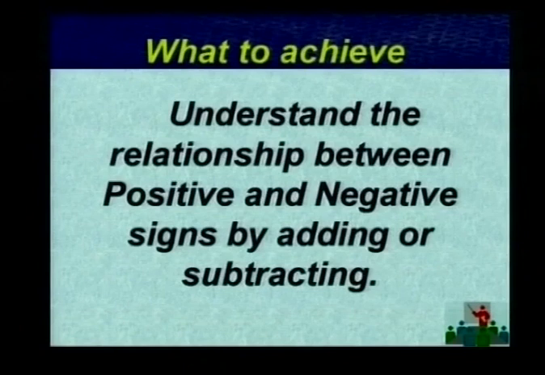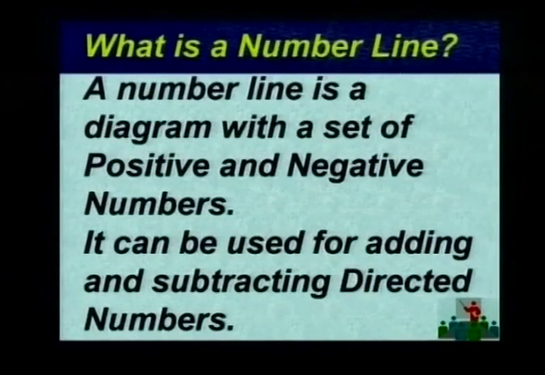In this case, we are dealing with directed numbers. What is a number line? We will see that on a number line, there are lines drawn with numbers and also with signs.